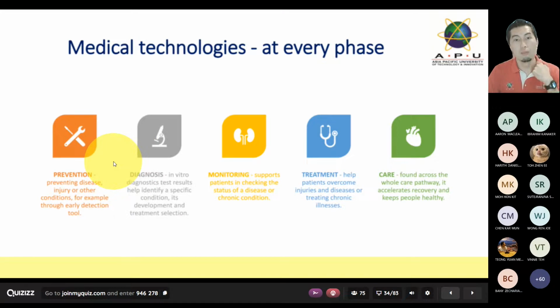Now, for me, if I were to rank it, I would say diagnosis comes next as well. And obviously, prevention comes into the picture, because there are so many prevention efforts and methods today. But diagnosis as well, because it helps in identifying what is exactly wrong with a person, what the complication is with the patient. All right.